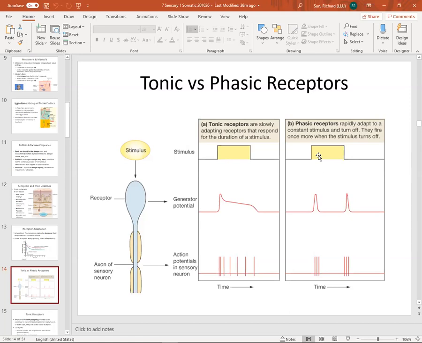As for the fast adapting receptor, they will very quickly stop working, like a second later. So when we provide the stimulus, it will provide an action potential rapidly. However, the receptor potential very quickly drops to 0. So our brain will feel it when we touch it and then don't feel it at all. So during that constant touch or constant stimulus, it doesn't send signal at all.